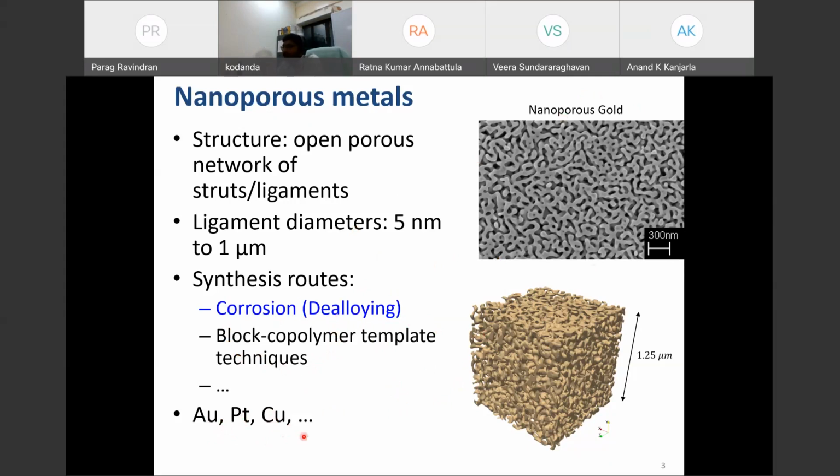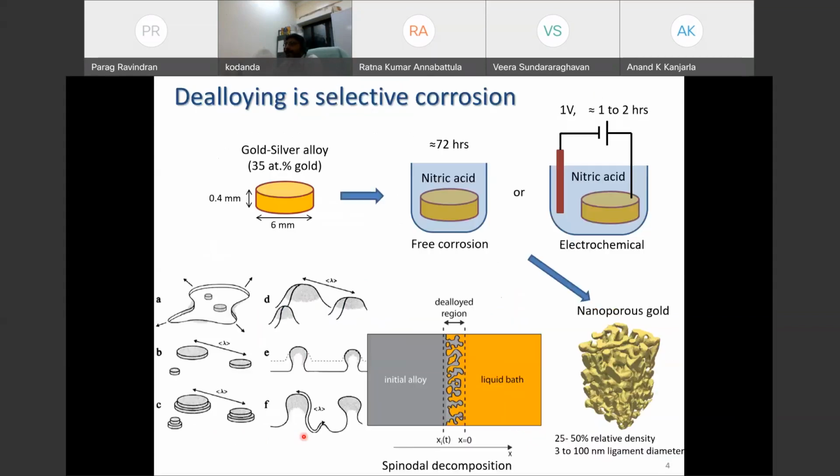Even some nanoporous steels were produced. So how is this structure made? It's the de-alloying technique, which I'm going to describe, the easiest one among the various synthesis methods available.